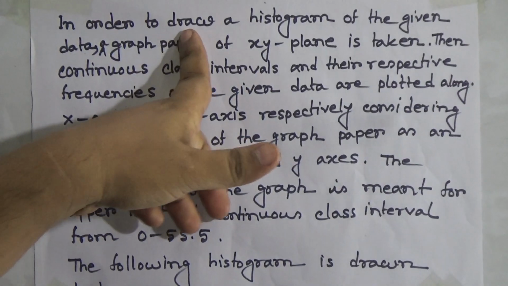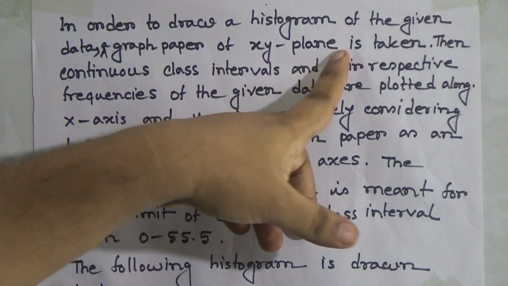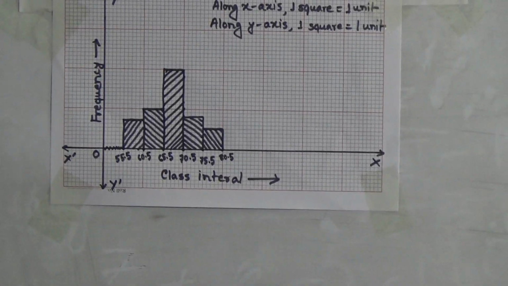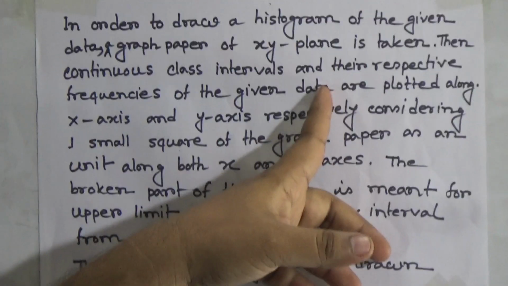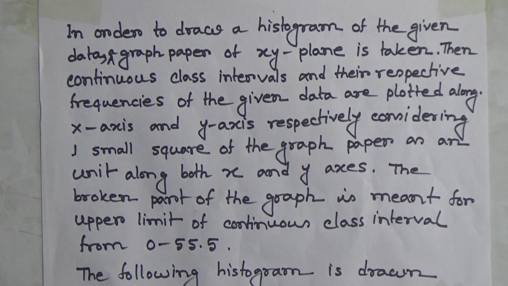In order to draw a histogram of the given data, a graph paper of XY plane is taken. Then the continuous class intervals and their respective frequencies of the given data are plotted along the x-axis and y-axis respectively.